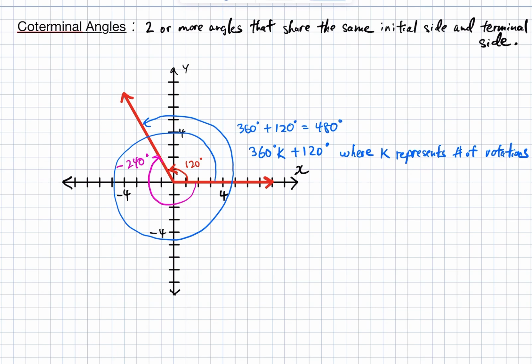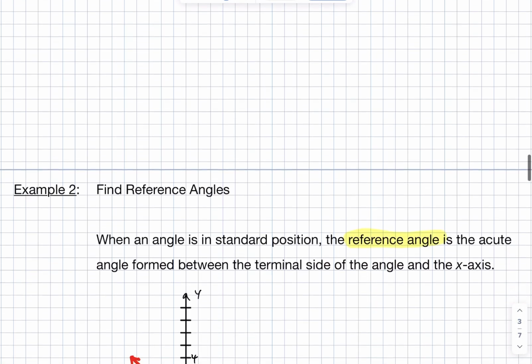Now obviously we went counterclockwise, but we can also go clockwise as well and find the same number of potential coterminal angles as well. Okay, so let's go ahead and move on to example 2.